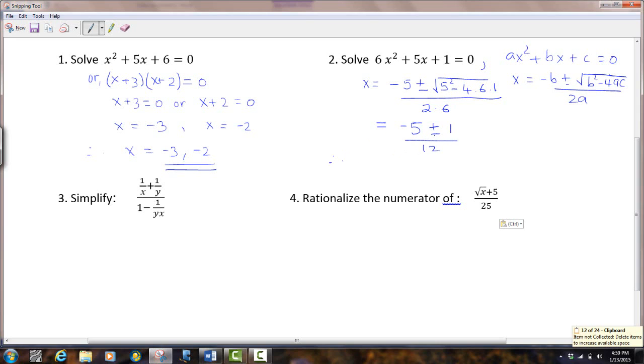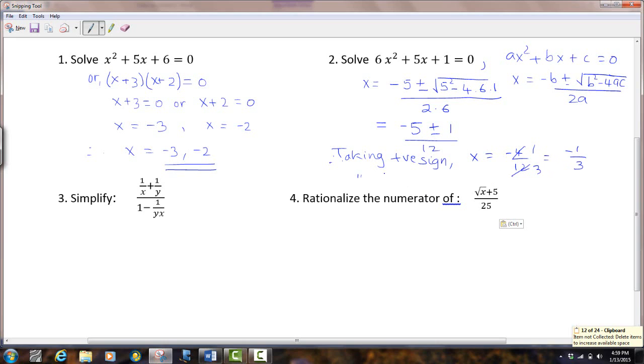So when you take the positive sign, you get x equals negative 5 plus 1, which is negative 4, divided by 12. Negative 4 divided by 12 is the same as 4 times 1 over 4 times 3, so it's negative 1 over 3.